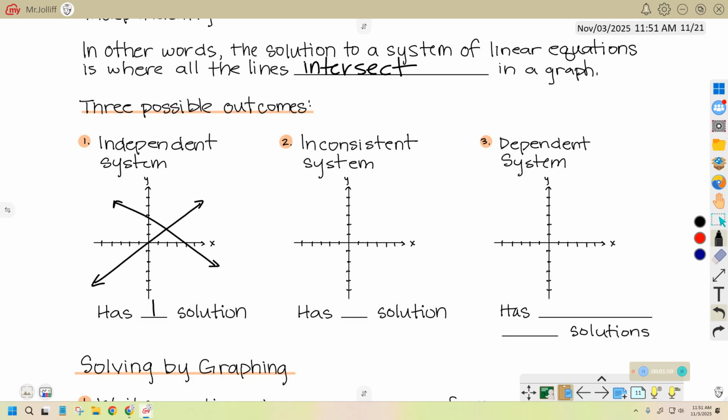They crossed exactly once here, and that's my solution. You will notice that that point on a graph represents two values, an x value and a y value. A solution, or solutions, to a system of equations are ordered pairs, x and y.